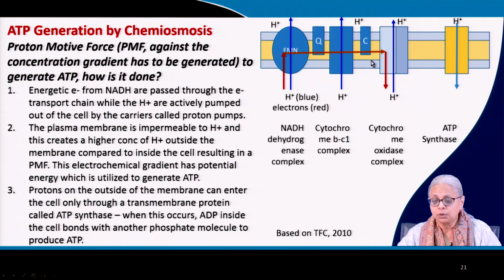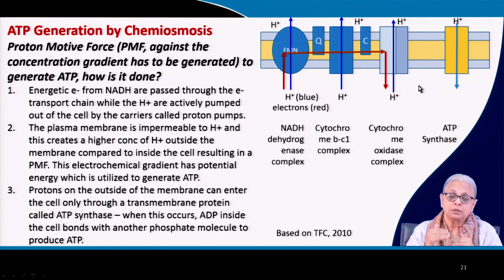It will pick up all these electrons and be converted to water. And in the final process, we have ATP synthase. The proton motive force has been created because of the concentration gradient of protons outside the cell versus inside the cell.